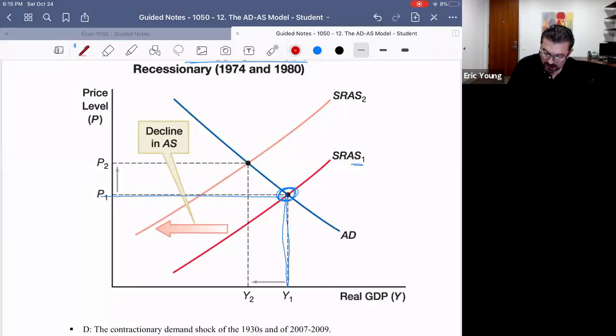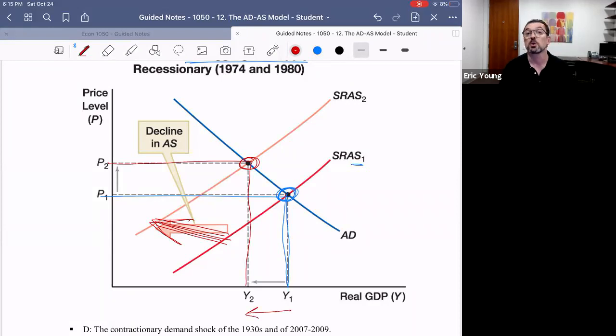These oil shocks really pushed AS to the left, and predictably, it led to stagflation, with both a decrease in output, which led to skyrocketing unemployment, coupled with inflation.